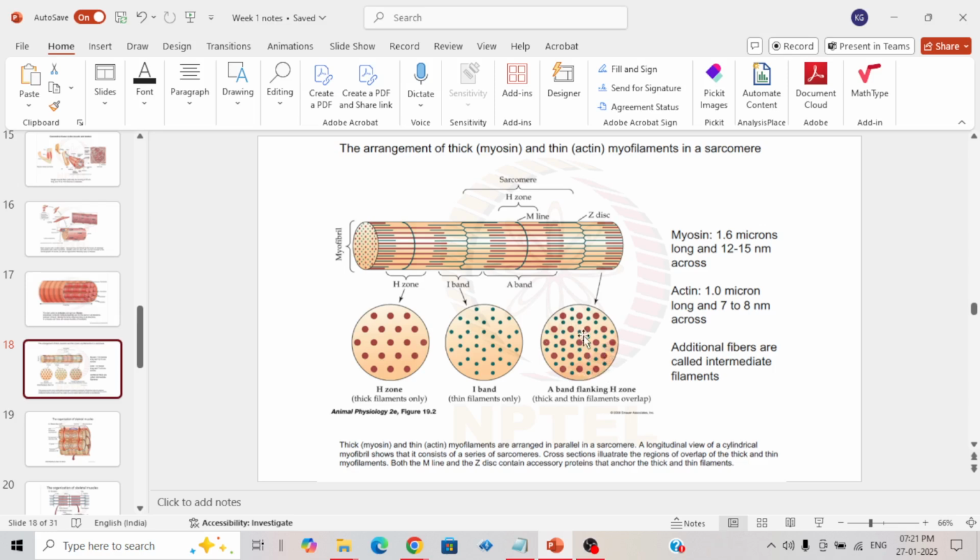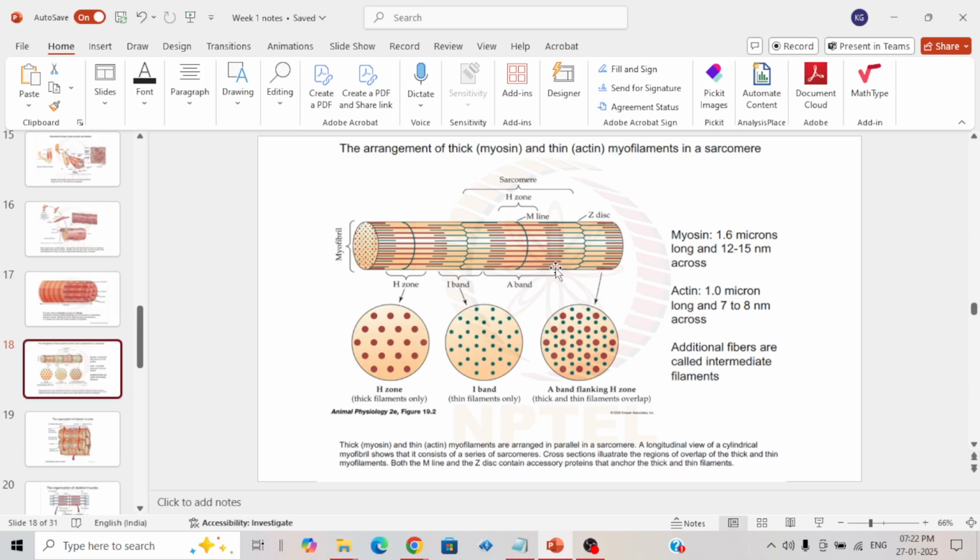Yes, six. So this is a myosin filament, and surrounding it are the actin filaments, which are six in number. They are arranged very geometrically. You won't find a difference of even 1 micrometer in the arrangement of these actin and myosin filaments. They are so geometrically arranged so that the contraction of muscle can occur smoothly.